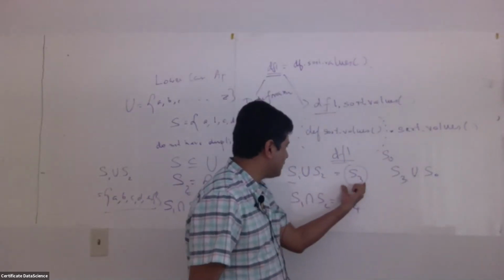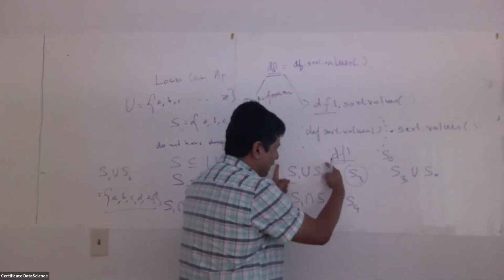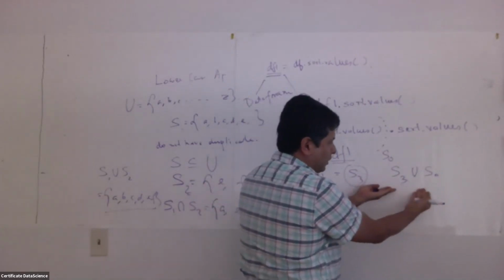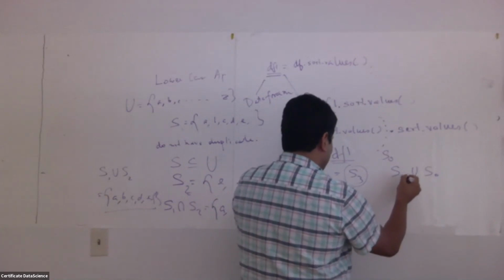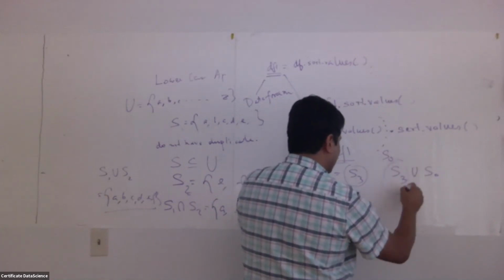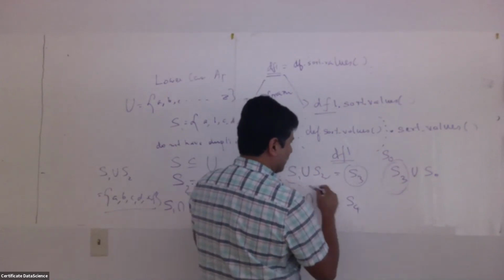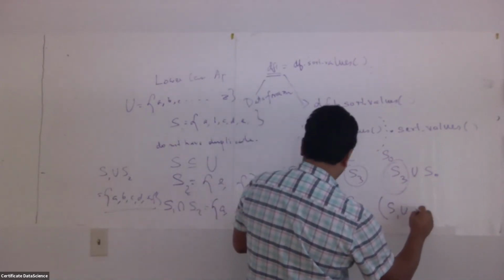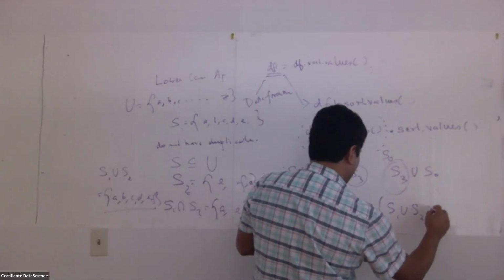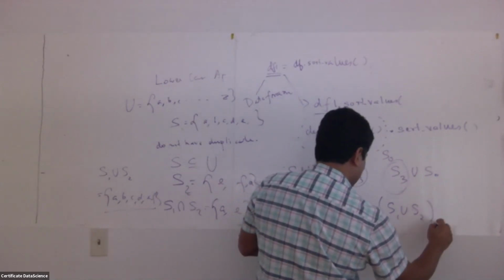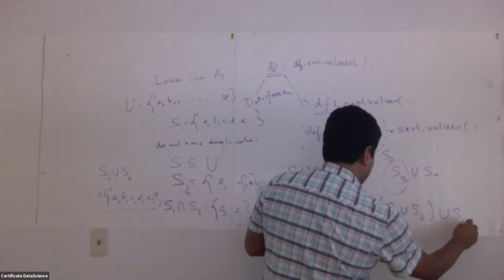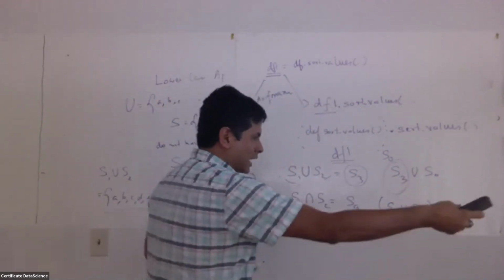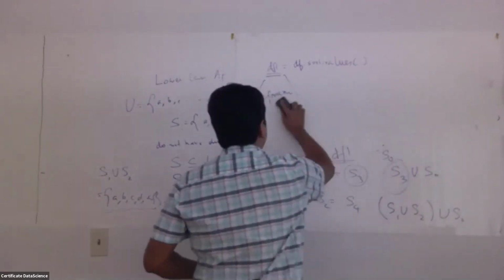And how did I get this? Well, this is essentially returned by this. I call it S3. There is nothing wrong doing this intersection. So this is essentially this operation. So let's think about a big bracket: S1, S2, this, S0. If you were to write in that syntax, this is how you should think.